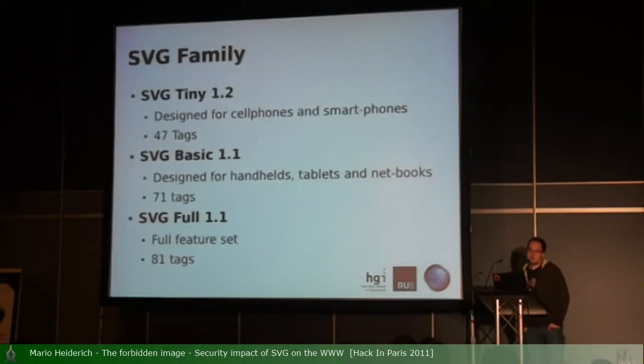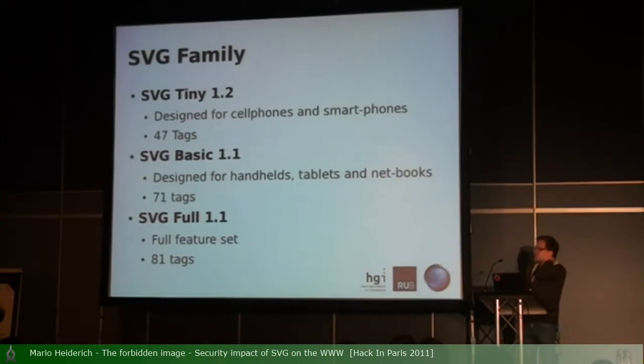There is a whole SVG family with several children, and I'm starting bottom up. The most comprehensive big brother of the SVG family is basically SVG Full, supporting an overall array of 81 tags. I think HTML has about 99 with all of them combined, some proprietary ones, so you can see the complexity is not that far away from HTML tag-wise and attribute-wise.